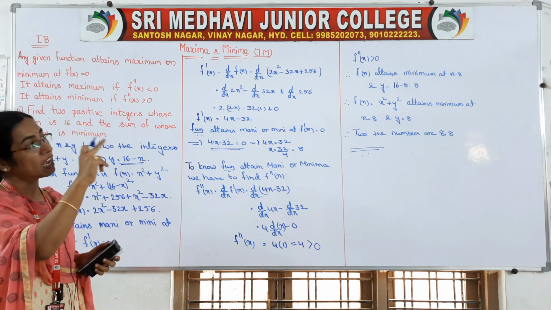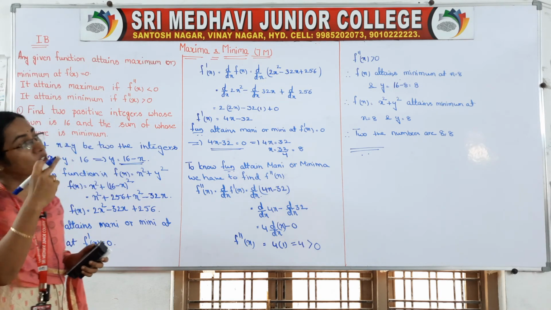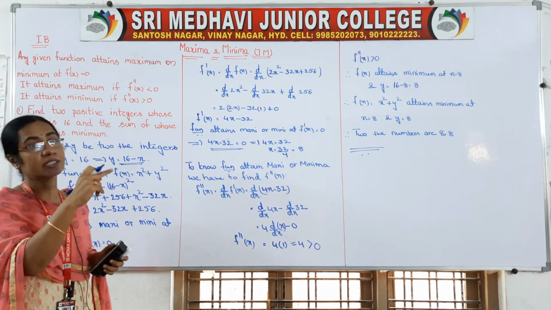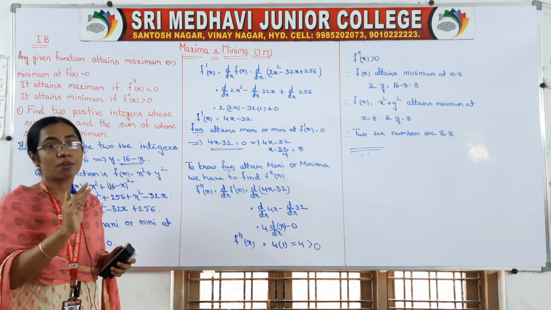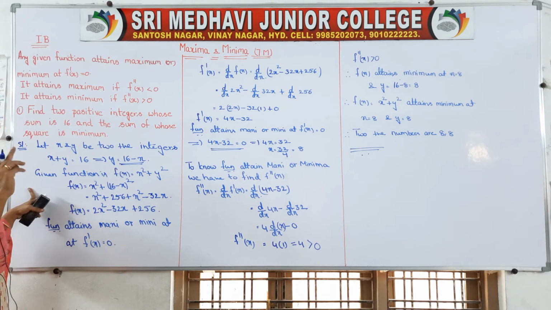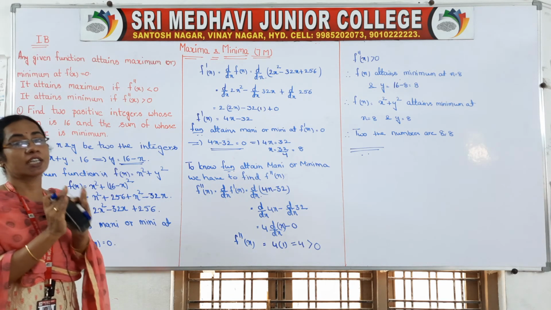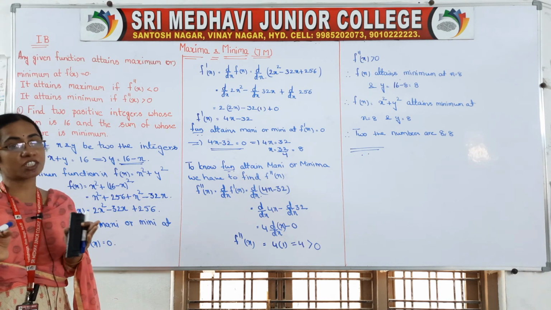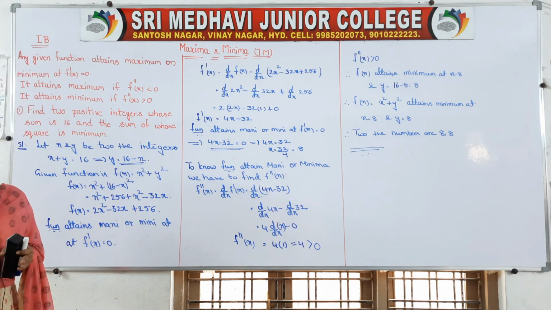Here your f double dash x is greater than 0, that's why it is minimum. Suppose f double dash x is less than 0, your function attains maximum value. So, this is about maxima and minima. Once again, take the function and write it in terms of x only so that we can easily differentiate with respect to x.